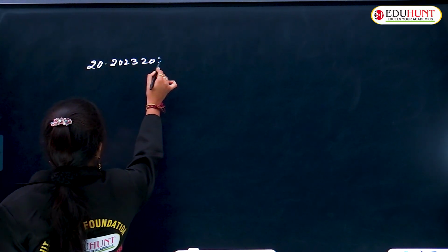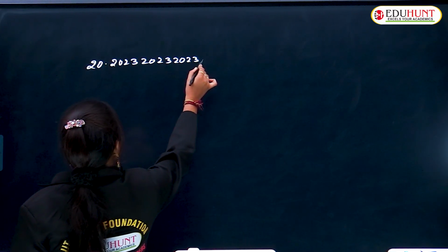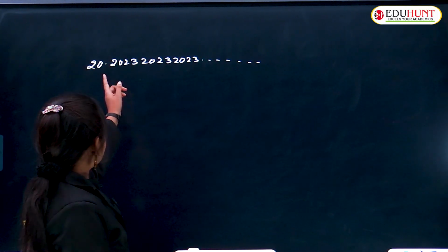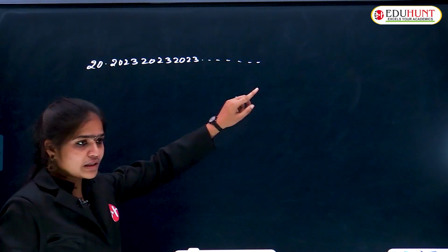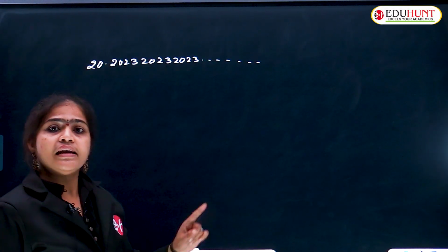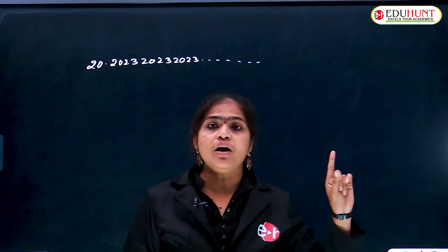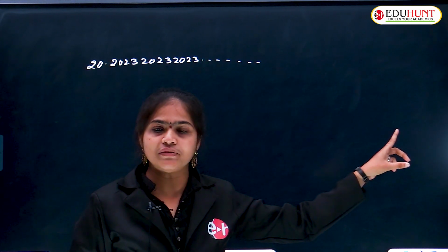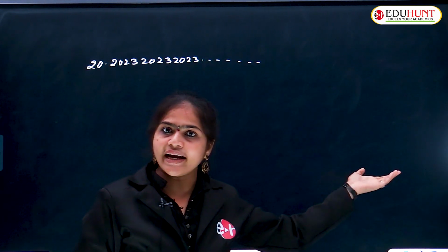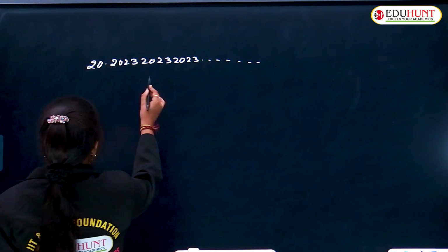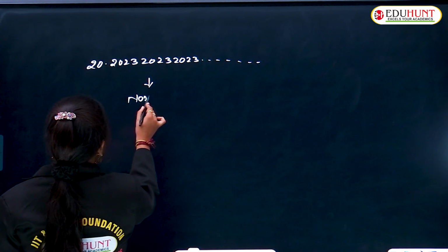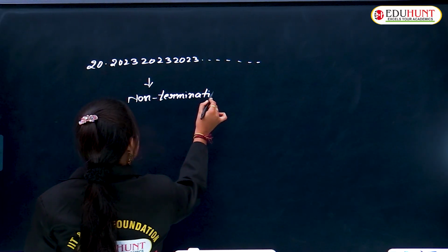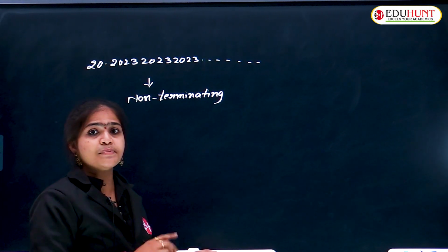In the same way, 20.2023, 2023, 2023 and so on, like this a number is there. Now is it a non-terminating or terminating decimal? Dots are there, which means there is a continuation, no ending point. No ending point means we consider it a non-terminating decimal. Is it recurring or non-recurring?